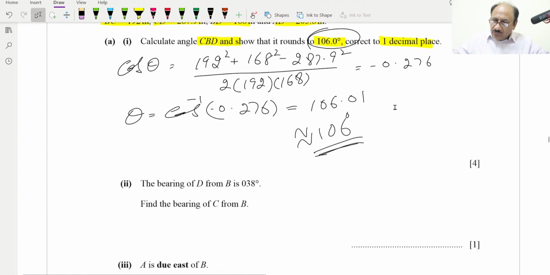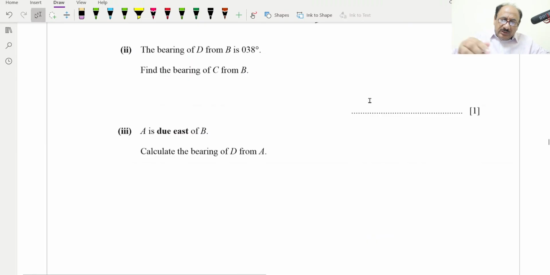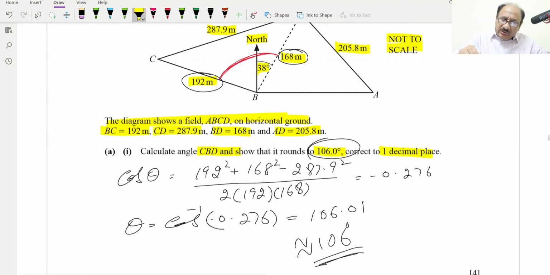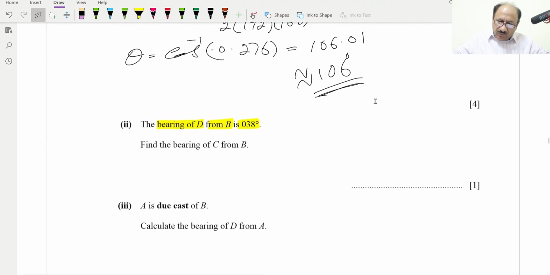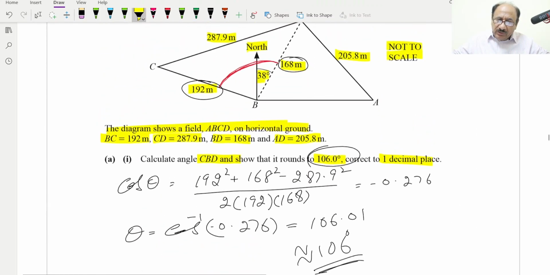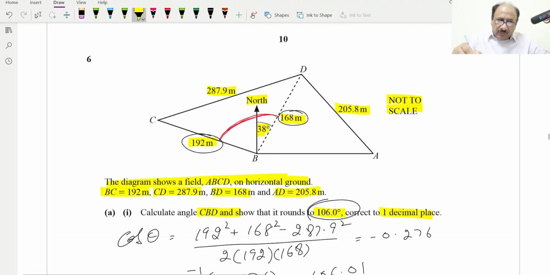This is a 4-mark question which we have done. The bearing of D from B is 38, which is provided in the diagram. Now they are saying find the bearing of C from B. C from B will be which angle? If I indicate the angle, C from B will be this complete angle.